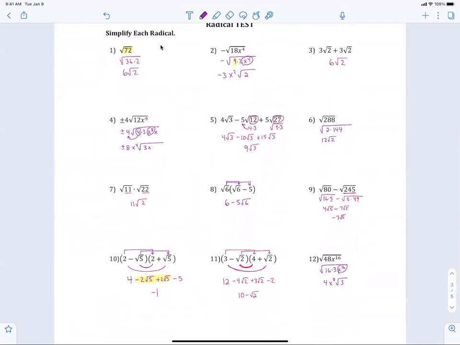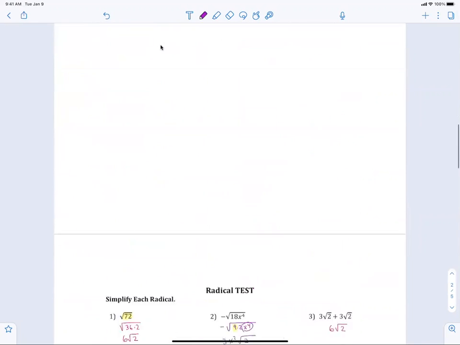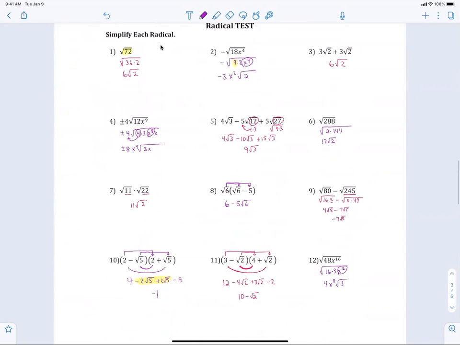Now, I have the recording of all of the odd explanations and all of the even explanations up on the YouTube. So please concentrate mostly on the odds for the equations. And those of you who are trying to do better, if you had trouble, look at the odds on the test, just to make sure. But I wanted to review that with you.